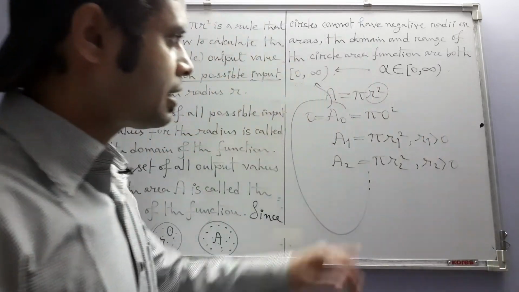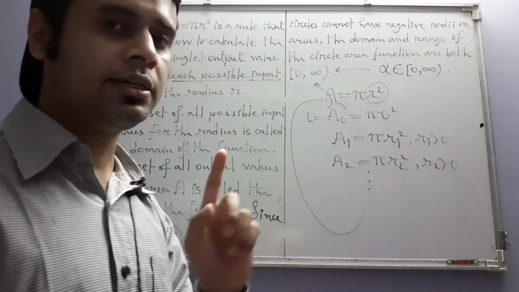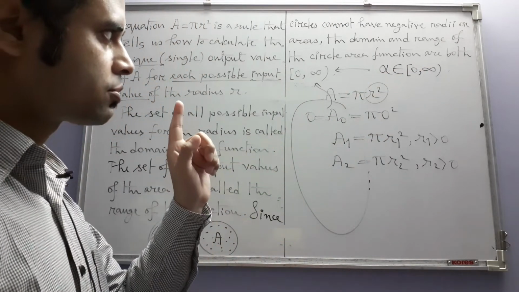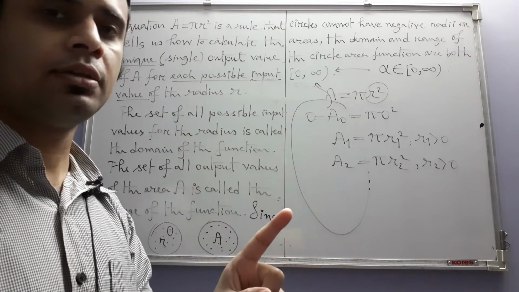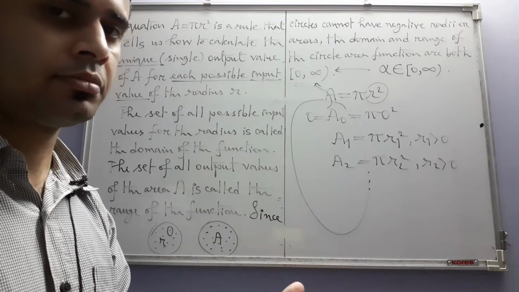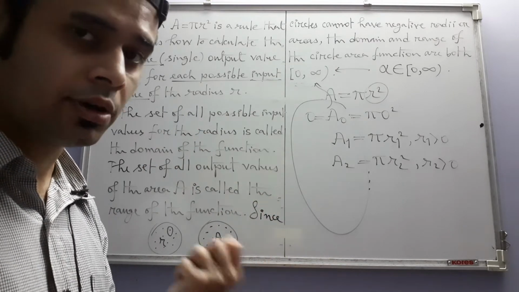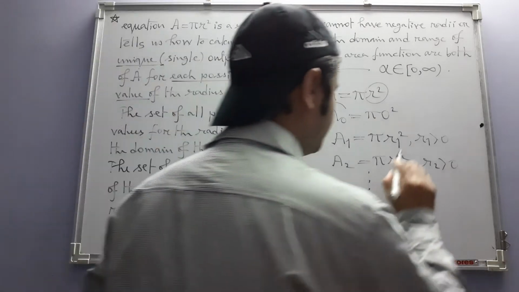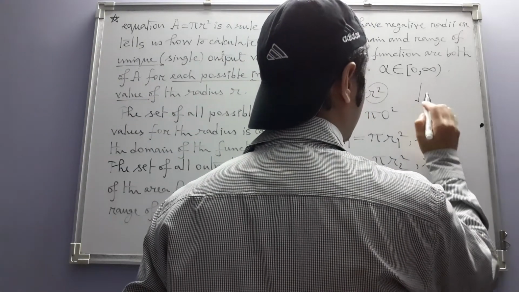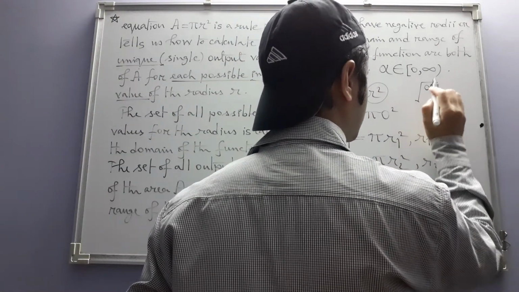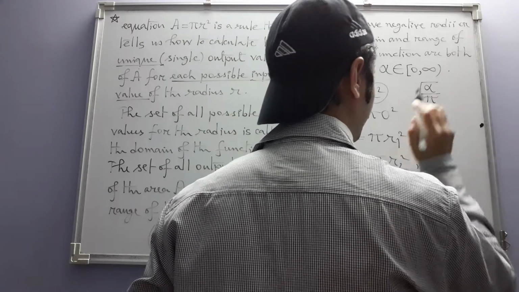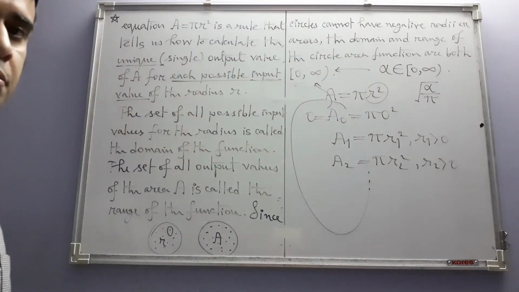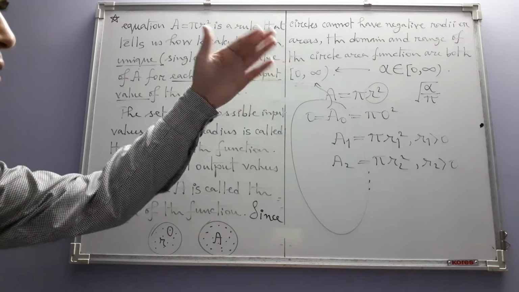Note that since alpha is a non-negative real number, the square root of alpha exists, and that is also a non-negative real number. In fact, the square root of alpha divided by pi exists, because alpha is a non-negative real number.